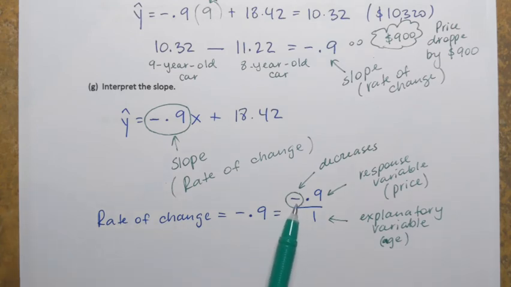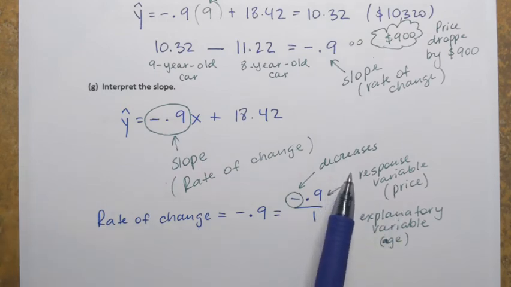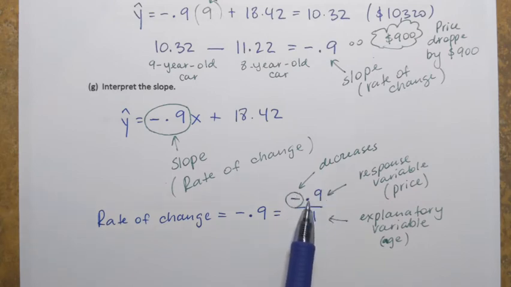And if the sign is positive, then it's going to be increasing. So the price of Honda Accord decreases by this amount. Well, this is $9,000, so it's $900 per 1 year. This is age, right? In years. So per 1 year, or we usually say per year, or we can say every year. Here we change the wording a little bit, but you got the idea, right?